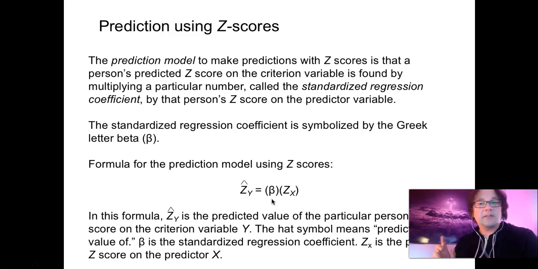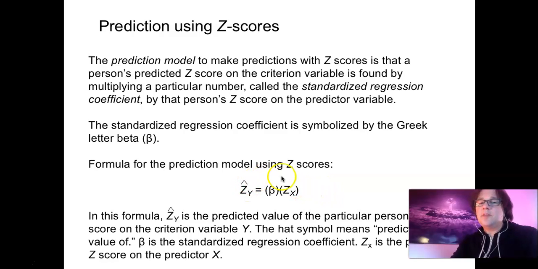The hat symbol there represents that this is a predicted value, right? Beta is the standardized regression coefficient. We'll see how that's calculated in a moment. Z x is the person's z-score on their x variable, on the predictor x, right?